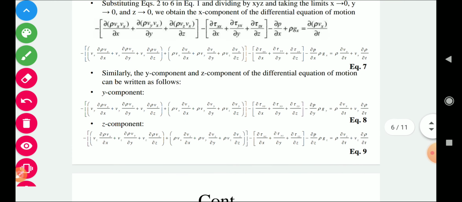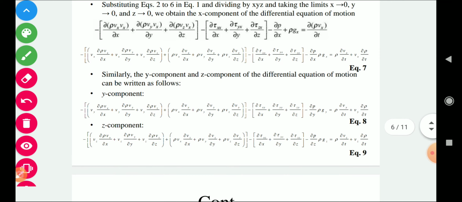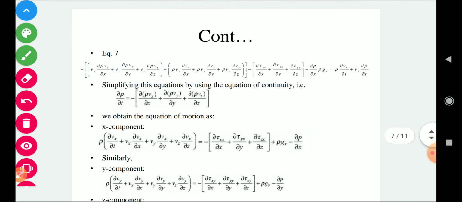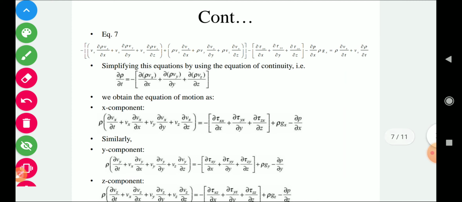If we take the x momentum, then the x momentum is this one. Similarly, using the equation of continuity, one equation is this one, and we also know the equation of continuity is this one.